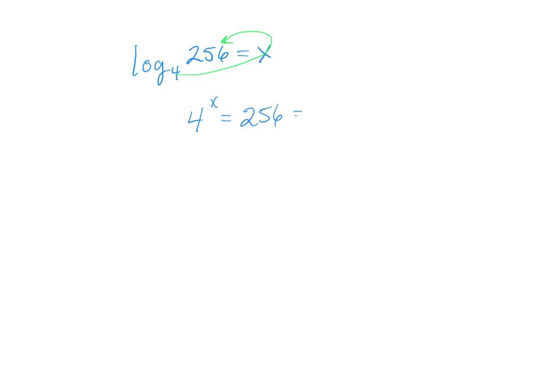So what we want to know is, what is the power that I have to put here in order to achieve 256? So you can go to your calculator and start typing in 4 times 4 and see how many times you have to do that in order to get 256.